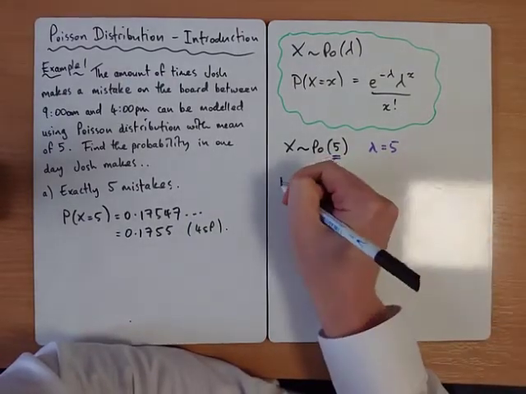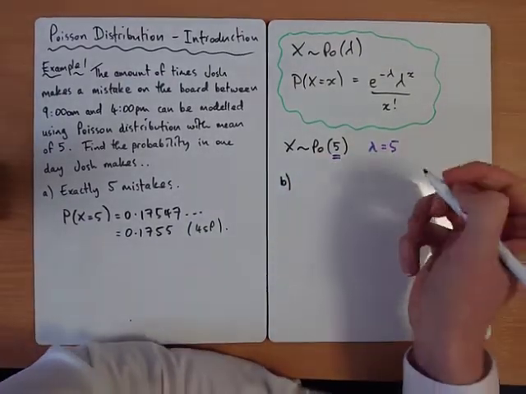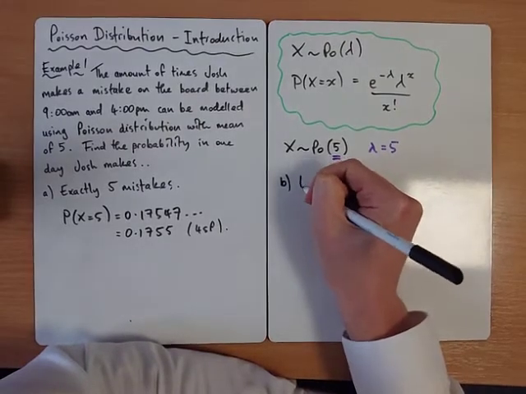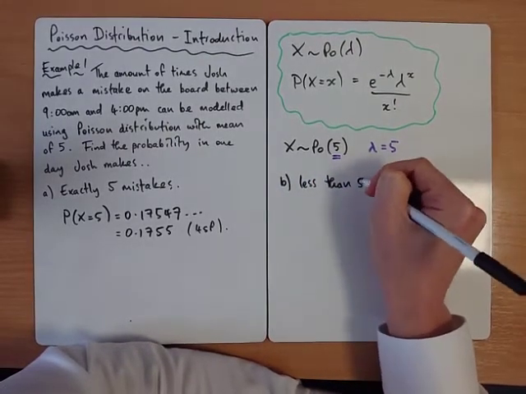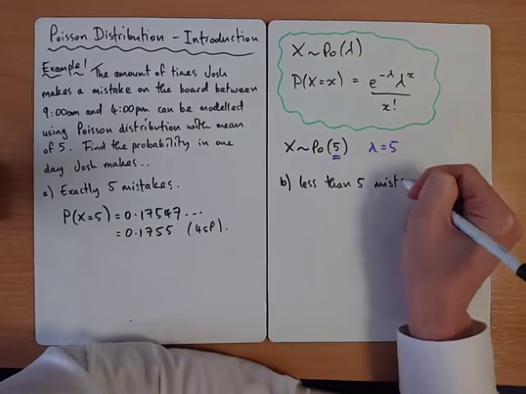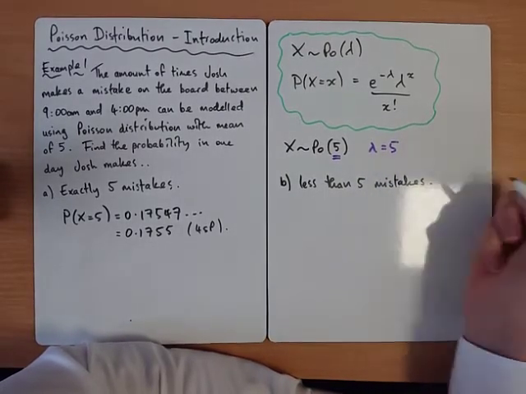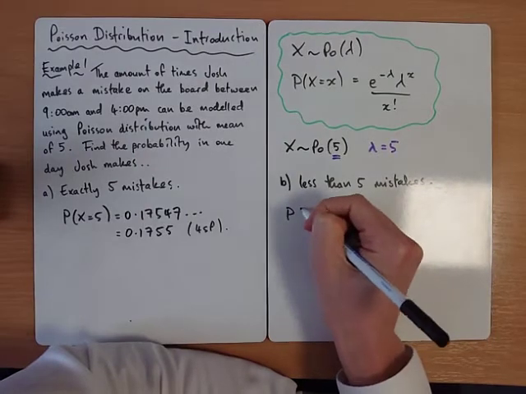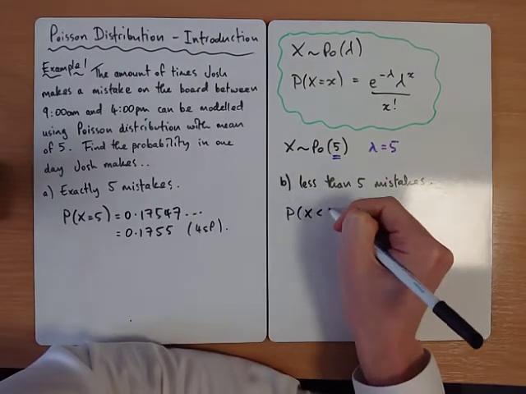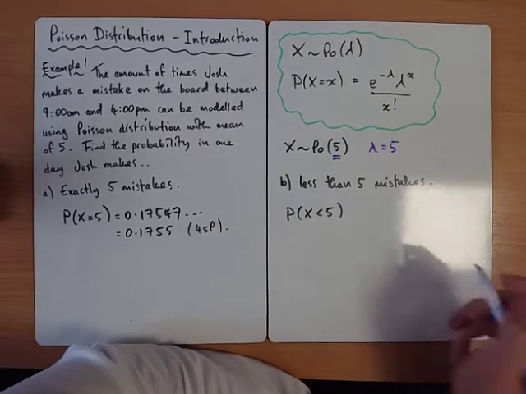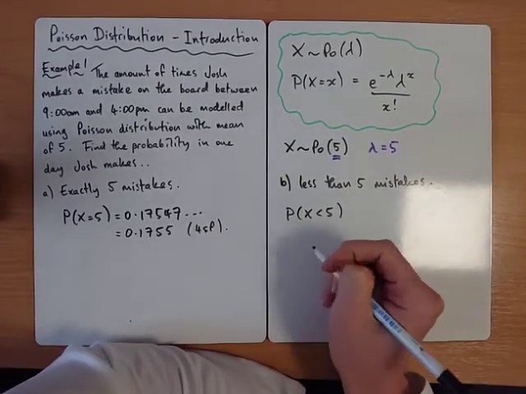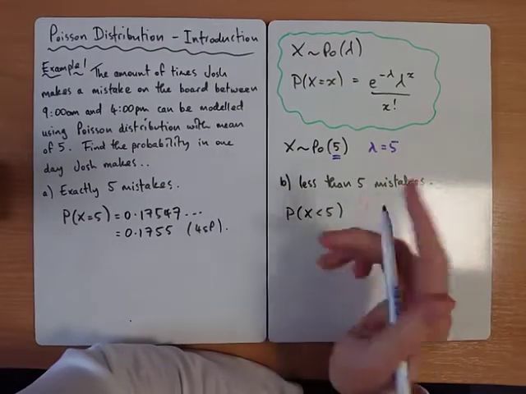The next one, we're asked to calculate the probability that I make less than 5. So think about the number line. You could make it similar to the binomial list because we're working with a discrete distribution.